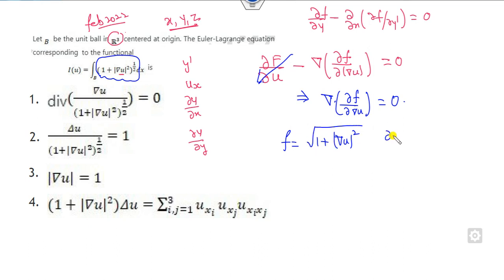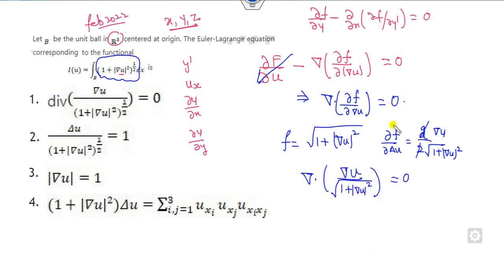So what is the partial derivative with respect to the gradient? So 1 over 2 is outside, and 2 times this will be cancelled out. So the meaning of this is del dot of gradient u over square root of 1 plus gradient u square is 0.